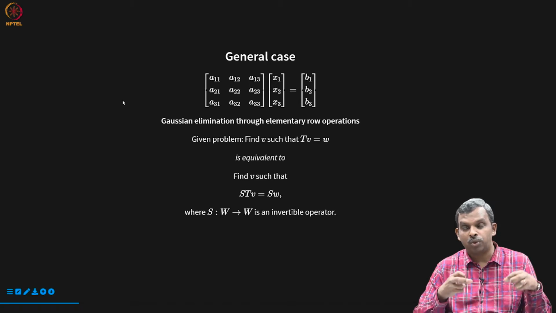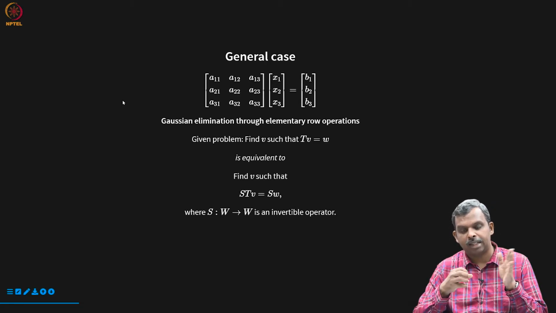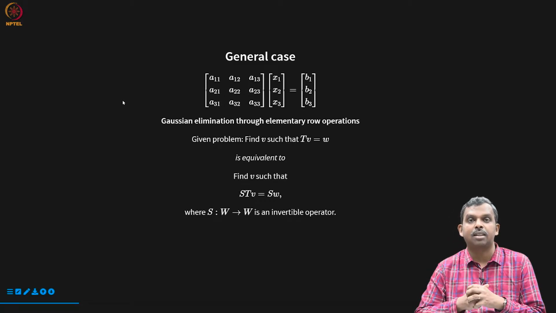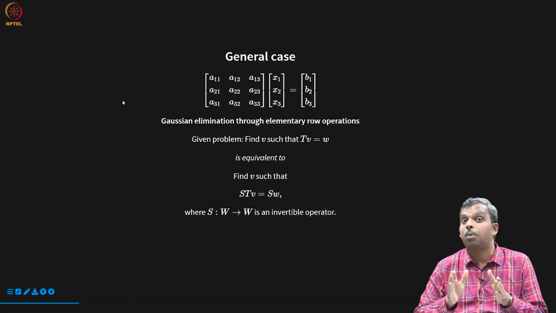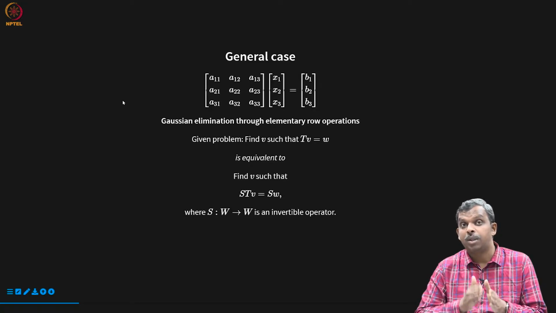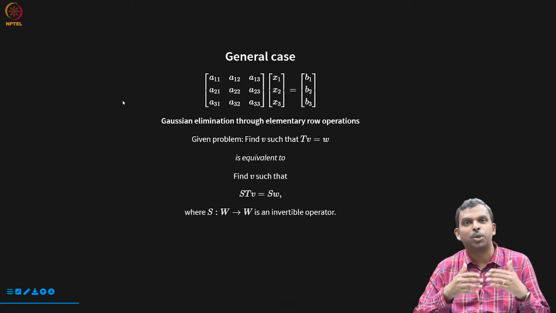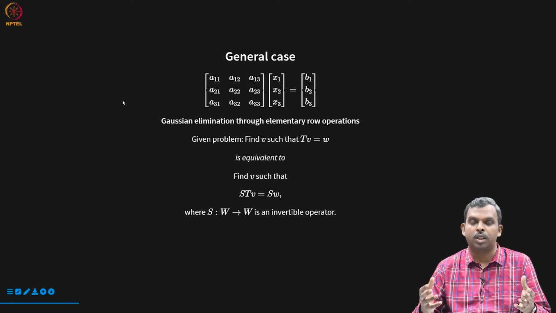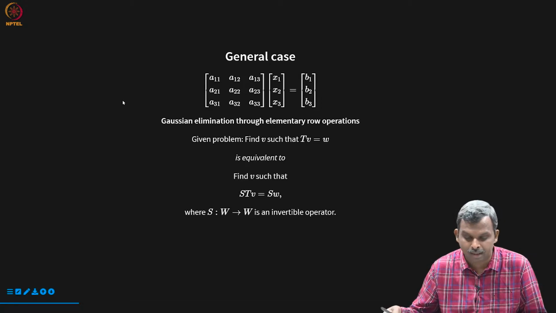This notion of using operators on the left, S times TV equals S times W, to make ST look like an easier matrix for you to deal with is at the heart of elementary row operations. But be careful about the condition here, right? S needs to be from W to W and it needs to be an invertible operator. You cannot do whatever you want. If you do some non-invertible operation, then you've lost the solution. Okay, something important to be careful about.